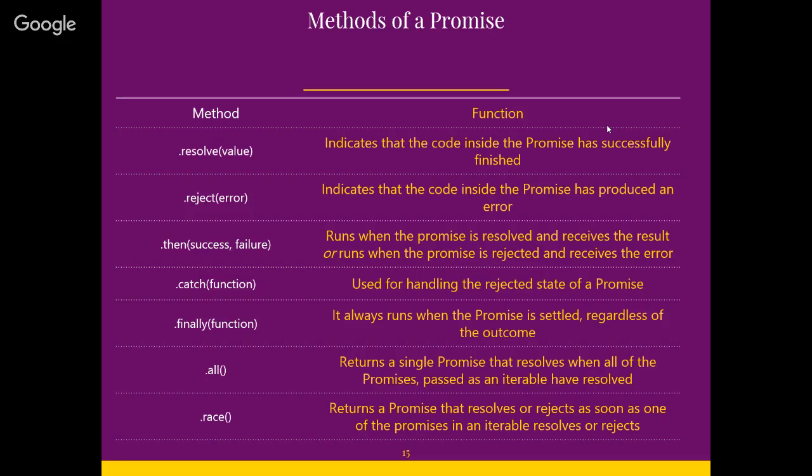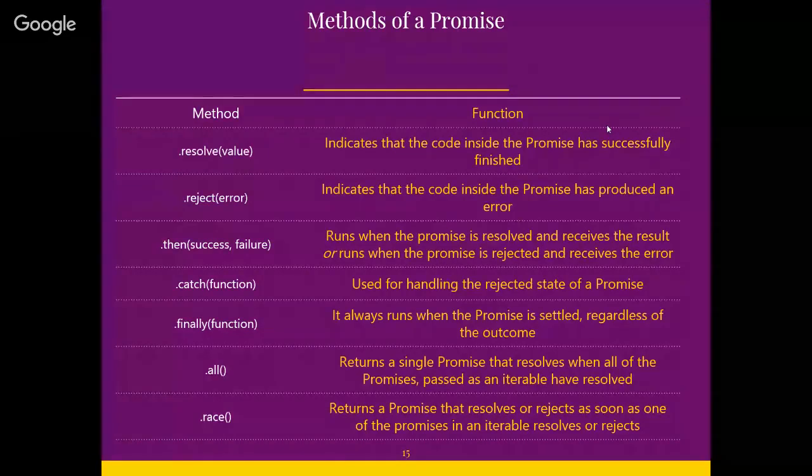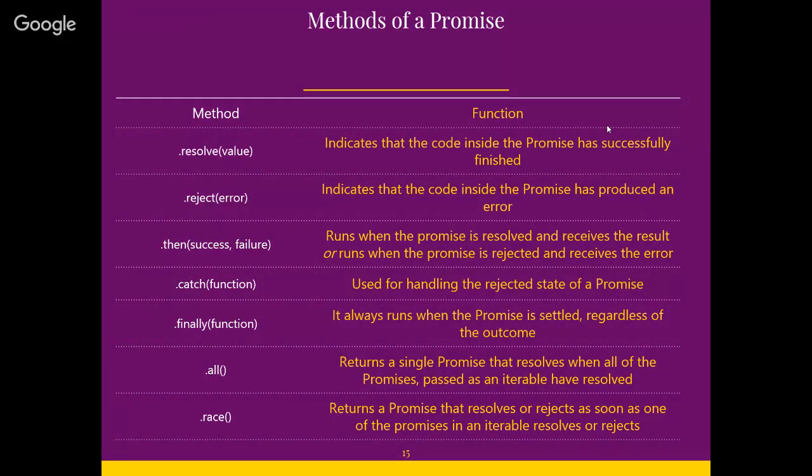If the value is a thenable, the returned promise will follow that thenable, adopting its eventual state. Otherwise, the returned promise will be fulfilled with the value. This function flattens nested layers of promise-like objects into a single layer. So we can use the resolve method to flatten out multiple chained promises.